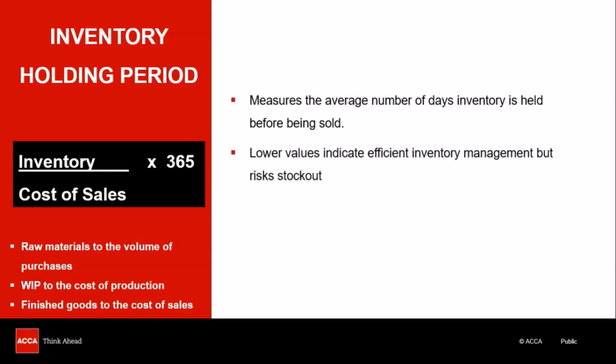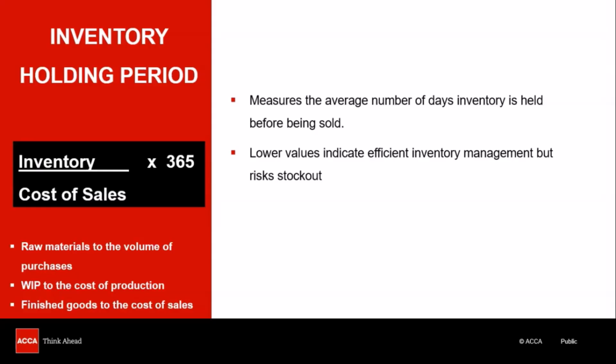A low value of the inventory holding period normally indicates efficient inventory management. Now, please remember that while you are doing the interpretation of financial statements, almost every ratio, whatever answer you get, there are positive aspects to that answer and then there are negative aspects to that answer. So you need to keep both perspectives in mind while you are discussing a particular ratio.